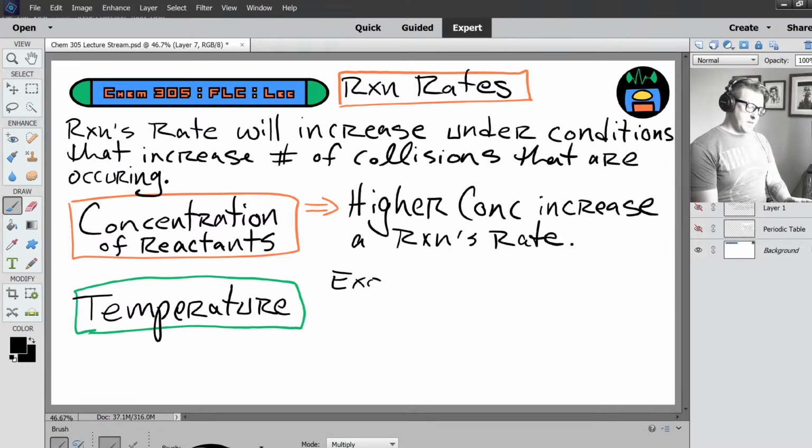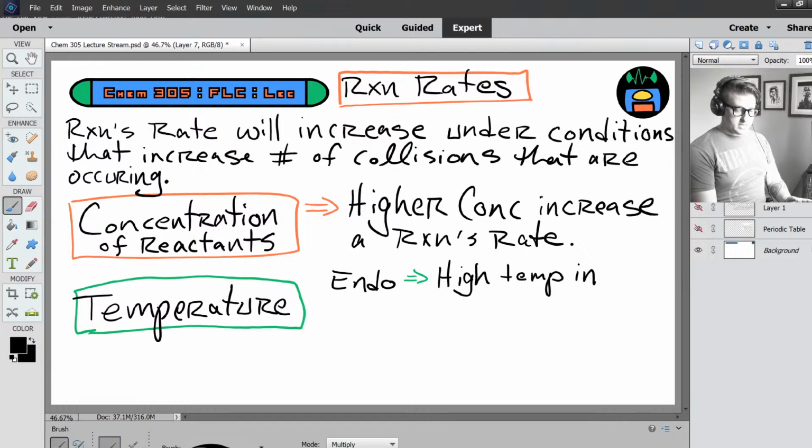For endothermic reactions, high temperatures increase reaction rates. All right, so that's true for endothermic reactions.